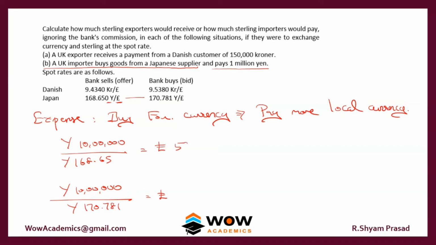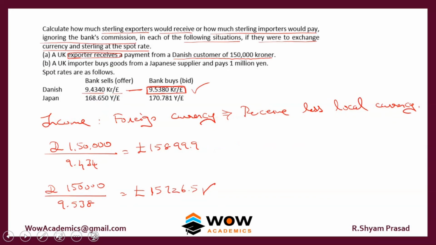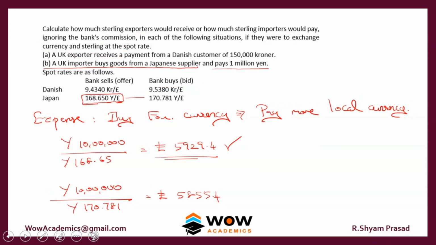The first number comes to 5929.4. As we have to buy, we have to pay more of the local currency, that is the pound. So this is the rate that the bank will fix: 168.65. When we see both problems, in the last one the rate was this, and in this problem the rate is this. This is how you have to solve the problems. We have to move to the next one.